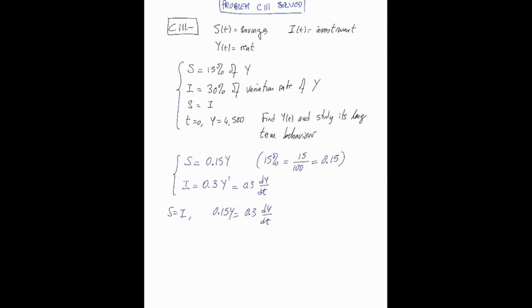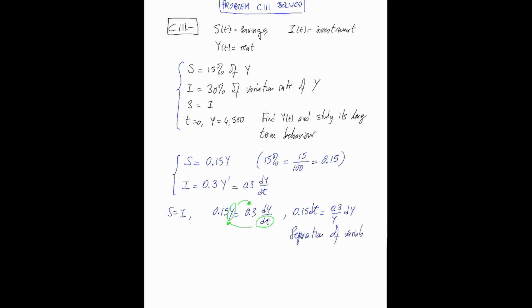Then we move this here, and the y we'll move to the other side. What we have here is 0.15 dt equals 0.3 over y dy. It's a case of separation of variables.